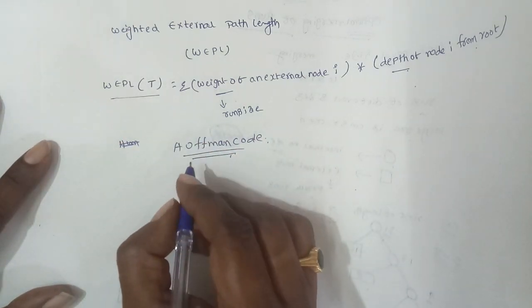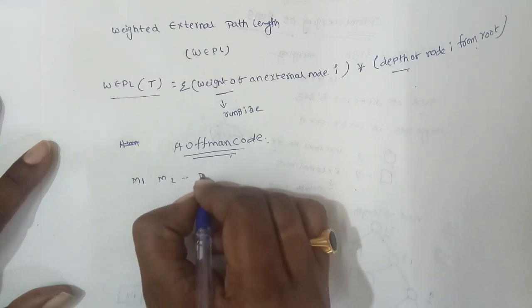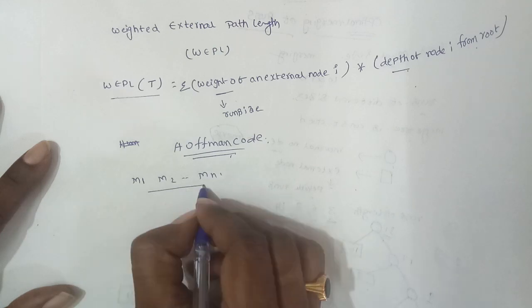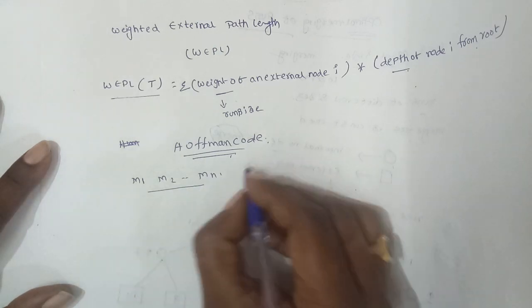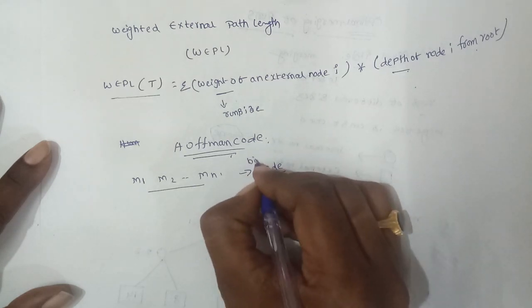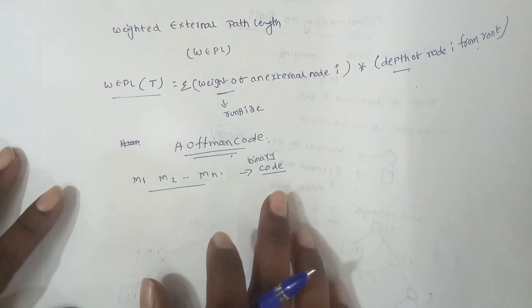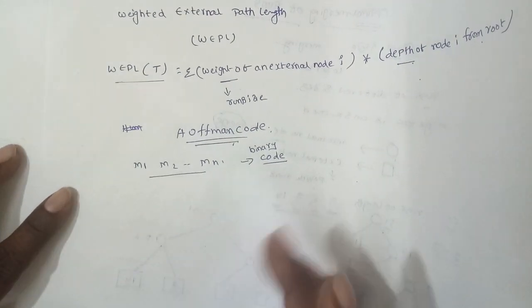In this Huffman code, for example, M1, M2 and so on, Mn are different messages. Each message is represented in a binary code.